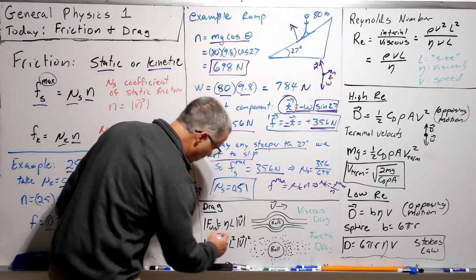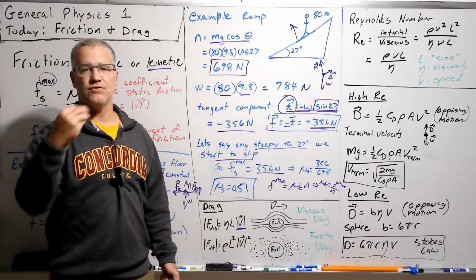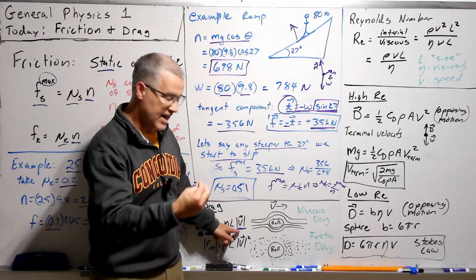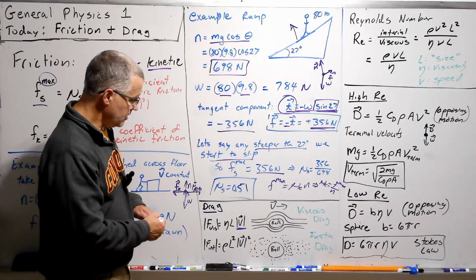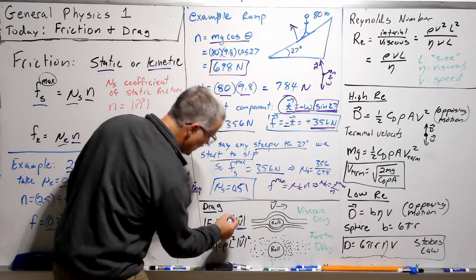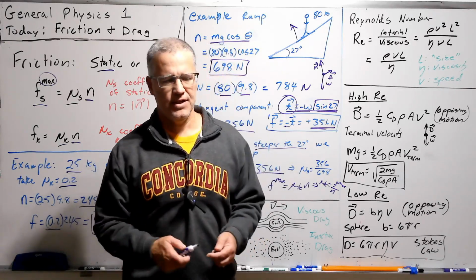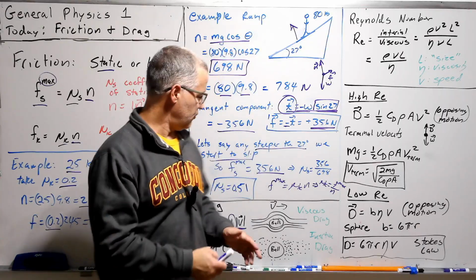Notice it depends on how fast we're moving. So if we're just sitting still, fluid's not flowing by. But if we are moving through fast, then we have a larger resistance to that. This L is just kind of a generic holder for shape. So different shaped objects, of course, will capture the fluid differently.